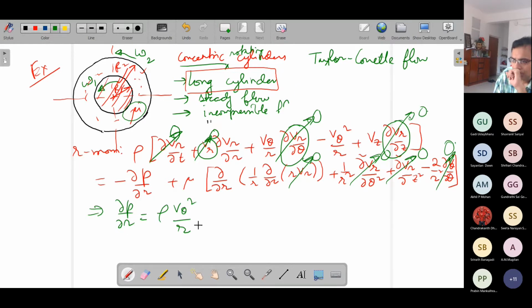We have earlier discussed this in the context of acceleration in the case of curved streamlines, and you can see that exactly the same thing is back.